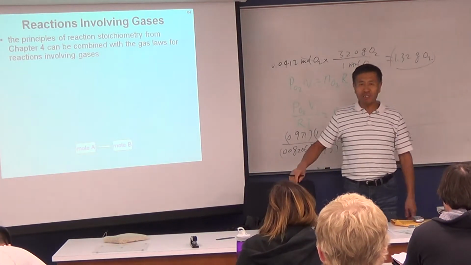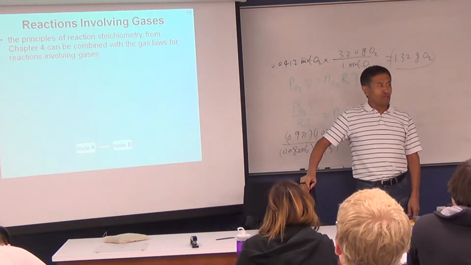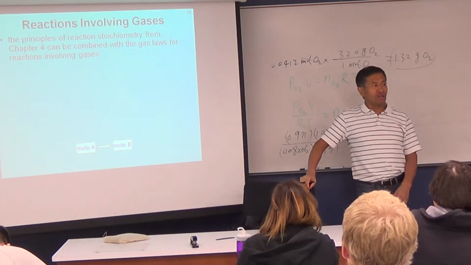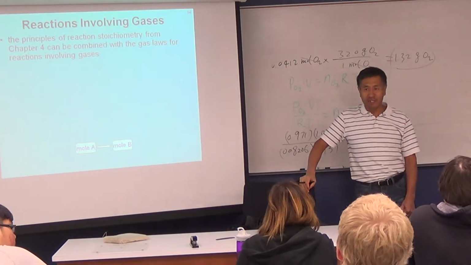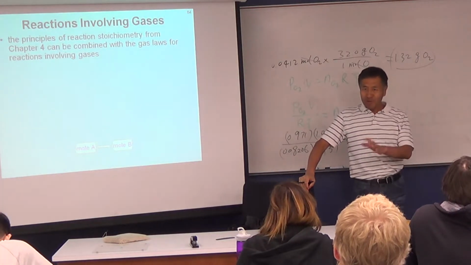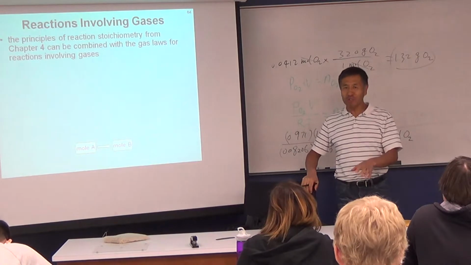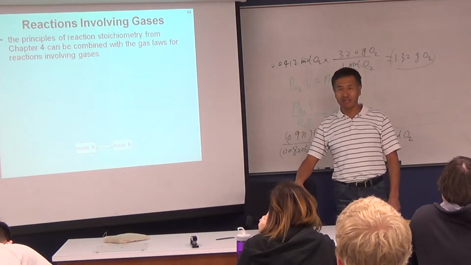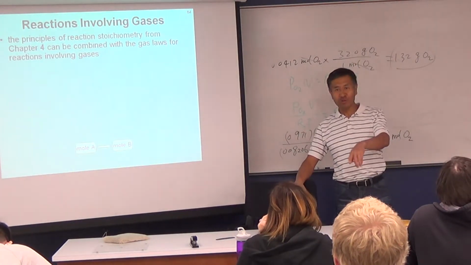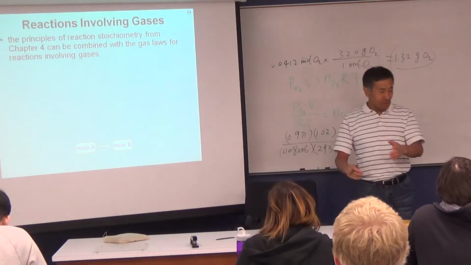What do you think is the most important step in Chapter 4 about those quantity calculations? Very good, you have a balanced equation. Once you balance the equation, what are you going to use from it? The mole ratios, or the coefficients.